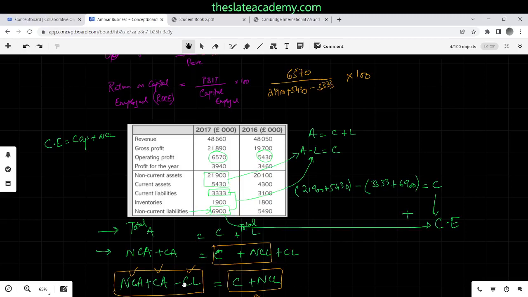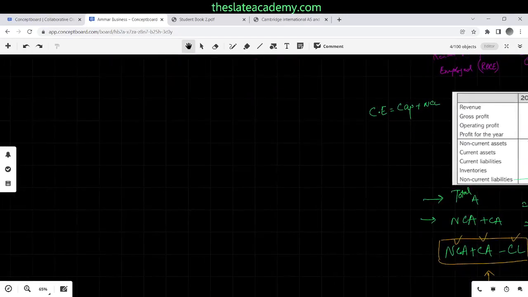Alright, I'll write all three over here. So, capital itself is just total assets minus total liabilities.